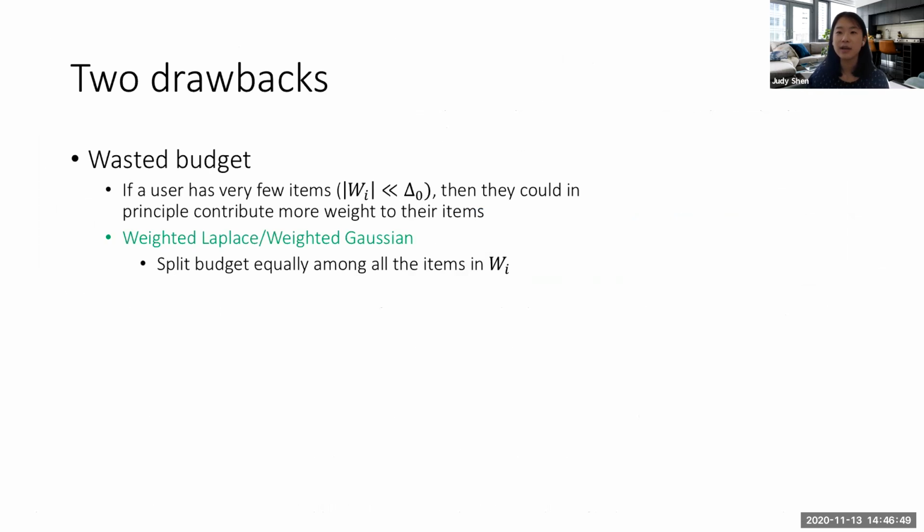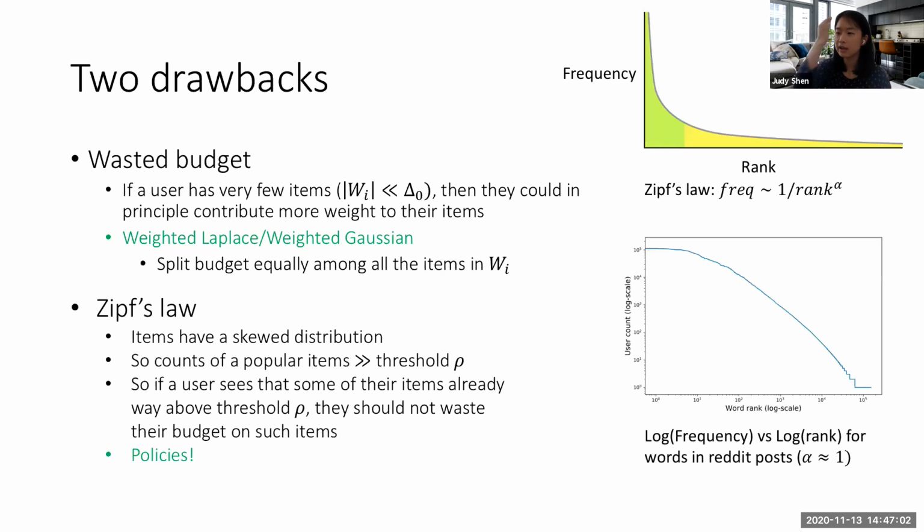And so we slightly modify these count-based algorithms into a weighted version where user budget can be split equally among all the items in W. But I think more importantly, items might have a skewed distribution. This is particularly the case in natural language.